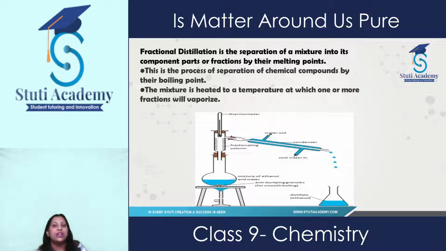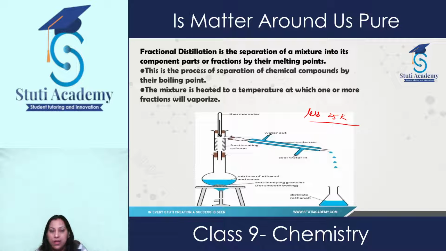Next is fractional distillation. Fractional distillation method is used to separate those mixtures whose difference in the boiling point is less than 25 degrees Celsius or Kelvin. So if the difference in the boiling point is less than 25 Kelvin, then only we use this fractional distillation method.